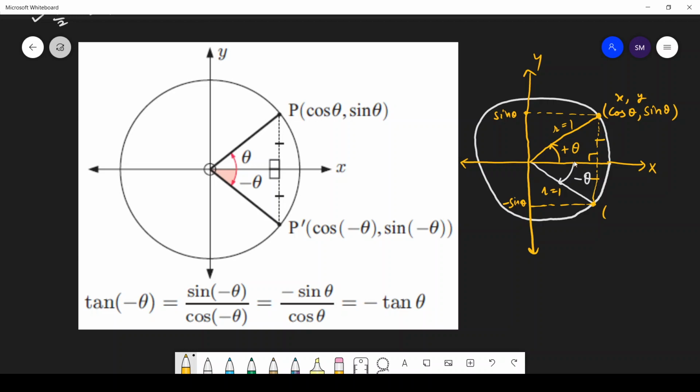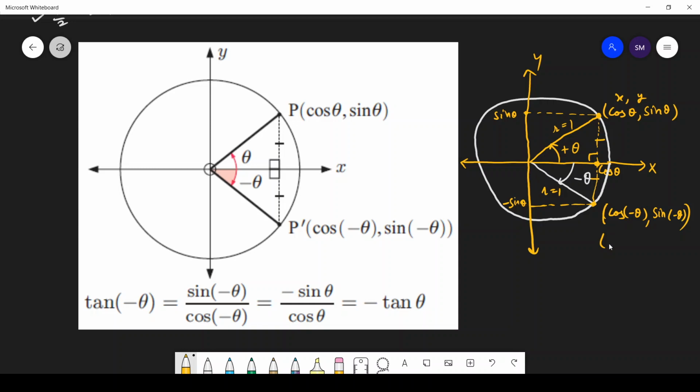And what about this cos theta? So this point is cos theta. Here again I will write it in terms of theta: minus theta here. So cos minus theta, sin minus theta. But on the other way, like I did earlier, what are the coordinates of this point?